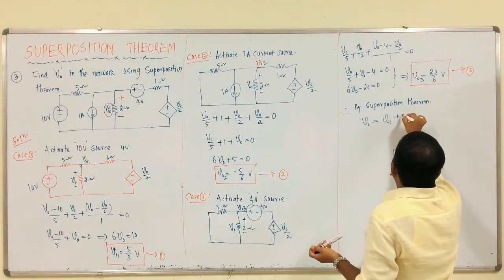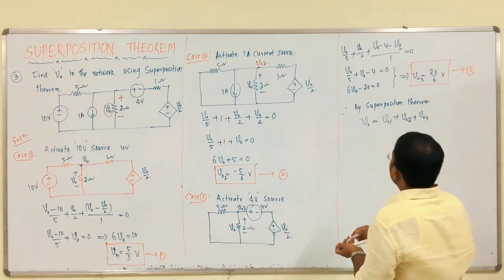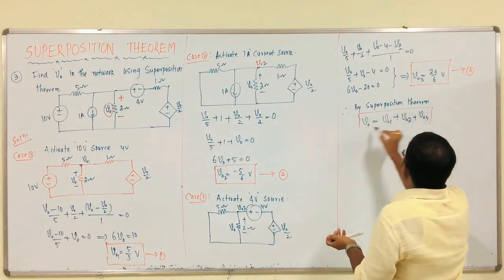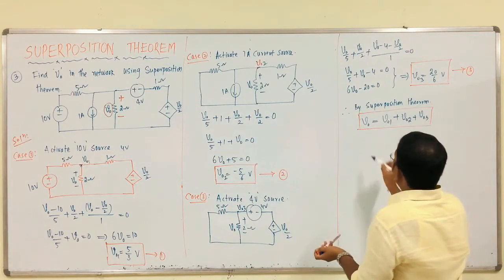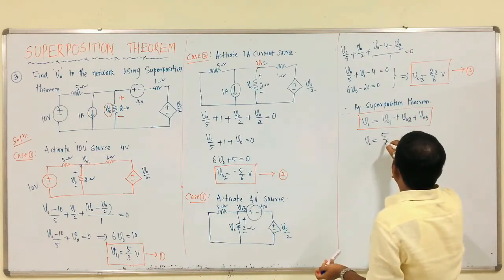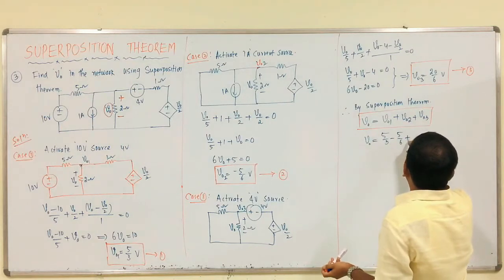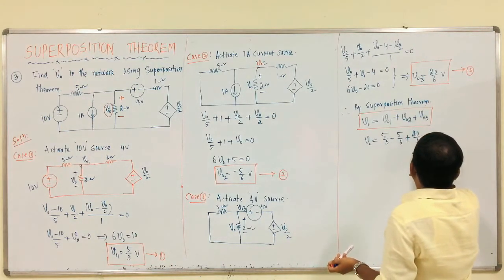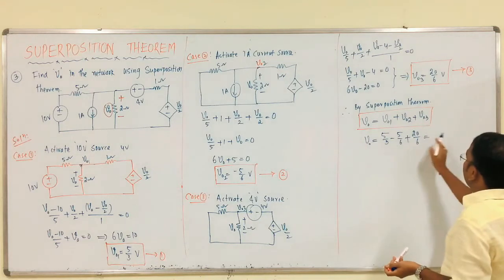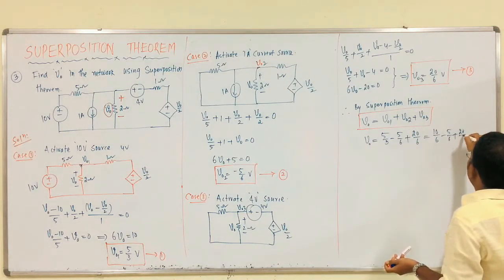Therefore, V naught is equal to, what is the value of V01? 5 by 3, V02 minus 5 by 6 plus 20 by 6, which is equal to 10 by 6 minus 5 by 6 plus 20 by 6.